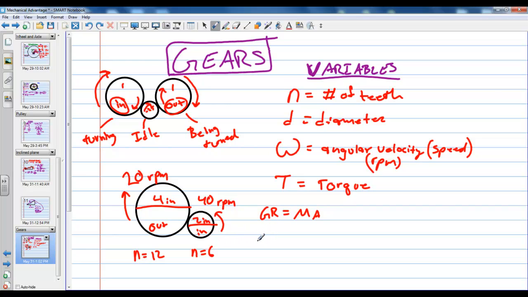Okay, so if we put all these into a fraction, we end up with something that looks like this. The gear ratio over 1, it's a single number, is equal to number of teeth on the output over the number of teeth on the input, which is also equal to the diameter of the output over the diameter of the input, which is equal to torque of the output over the torque of the input, and it's also equal to, now you got to be careful on this one because this one's backwards, the angular velocity of the input over the angular velocity of the output.